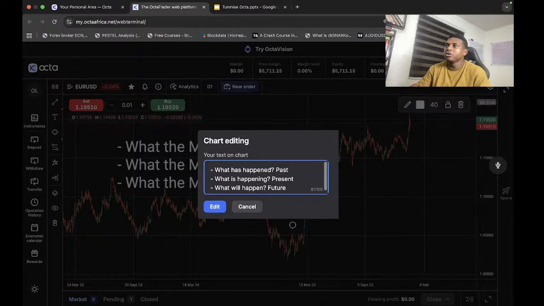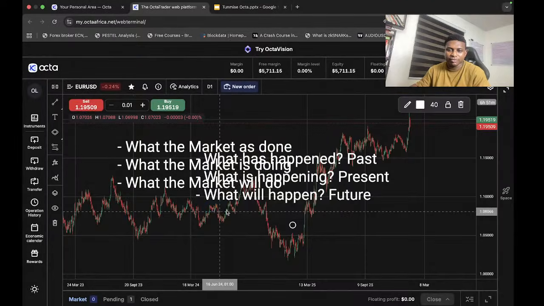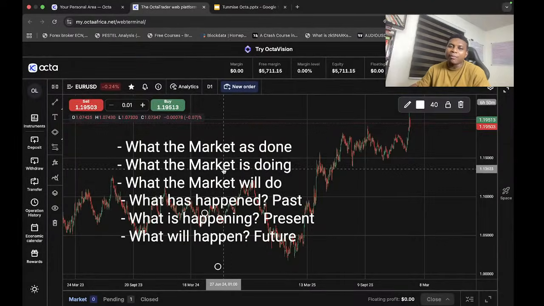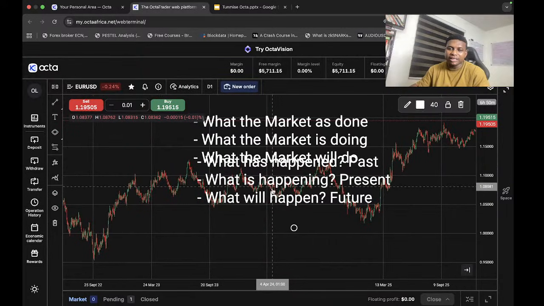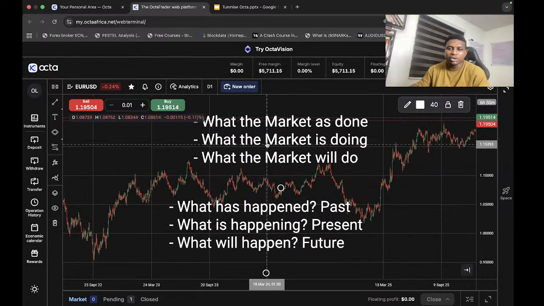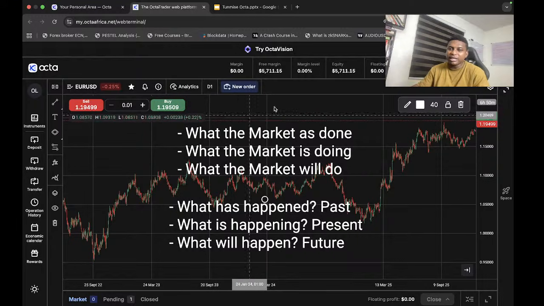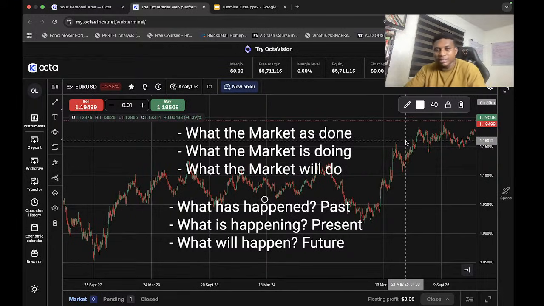All right, so now these are the things that we are going to be looking at. So this further buttresses this earlier point. In the above, we said we look at what the market has done, what the market is doing, and what the market will do.